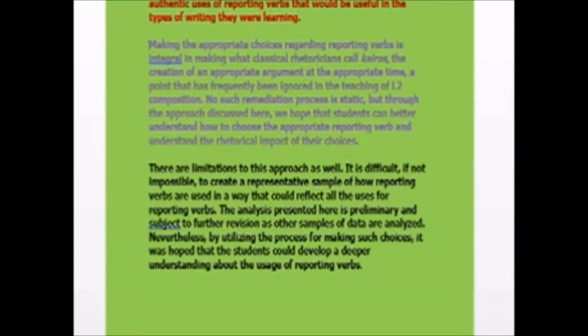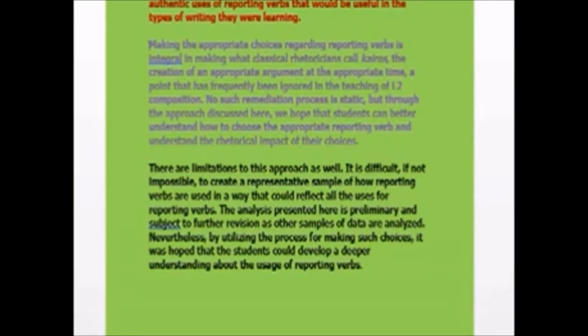The third paragraph is interesting. It's also something you need to think about ahead of time, which is what are the limitations of your study. This is in a formal research paper. Even in an argumentative paper, you might sometimes want to show that the people made a couple of points, but here are limitations to this approach as well.